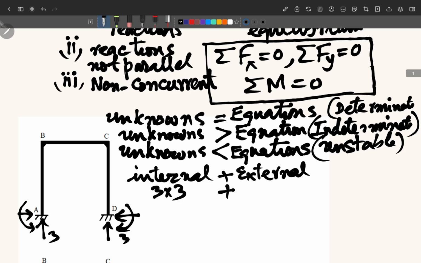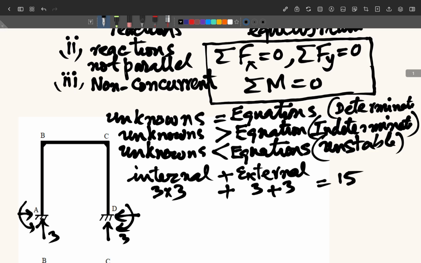Here we have these two fixed supports, so every fixed support will give you 3. So we can say 3 plus 3. These are the only unknowns in this question. So we can say 9 plus 6 equal to 15. So quickly, the unknowns are 15.